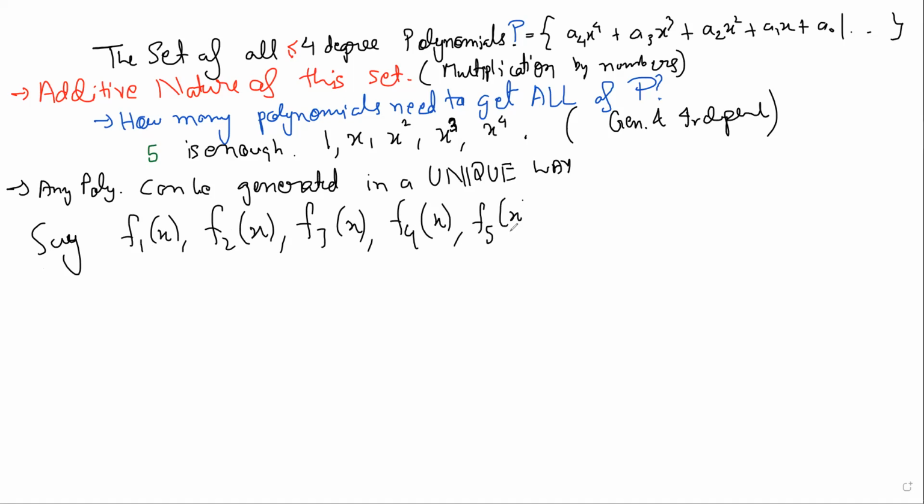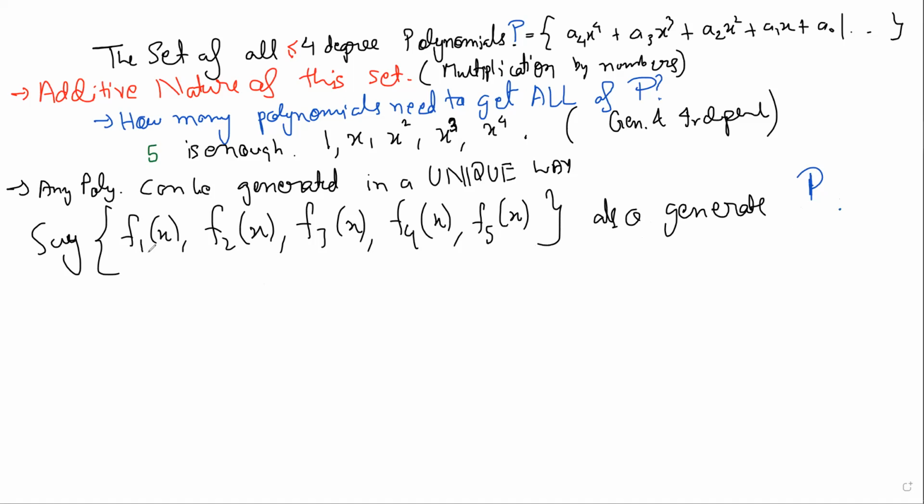Let's say that these also generate P. Now you see that can happen, right? You could have some other polynomials which also generate.